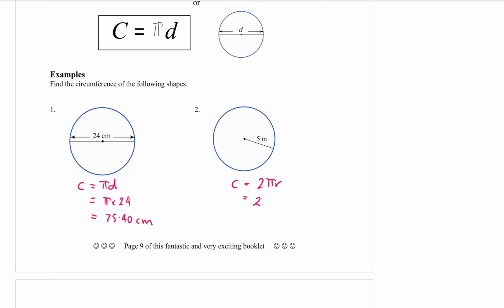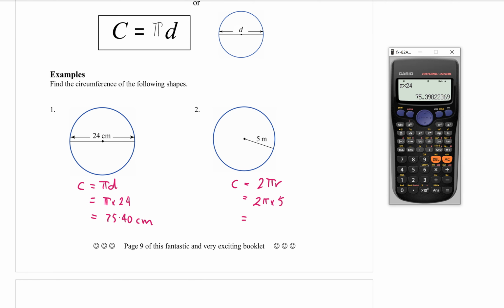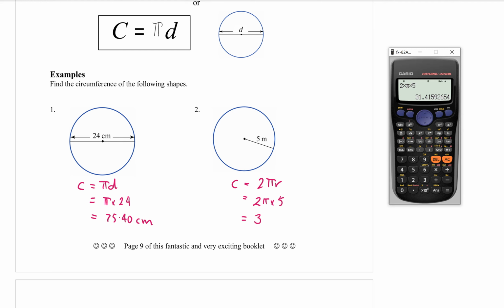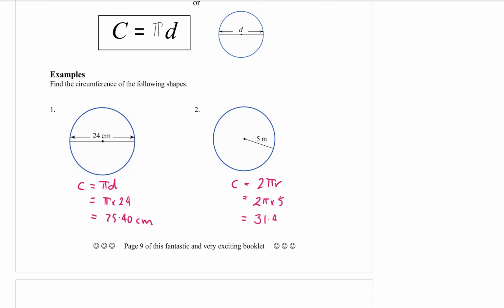So I have 2 pi times 5 in the calculator. 31.42 meters. Okay, they are for whole circles.